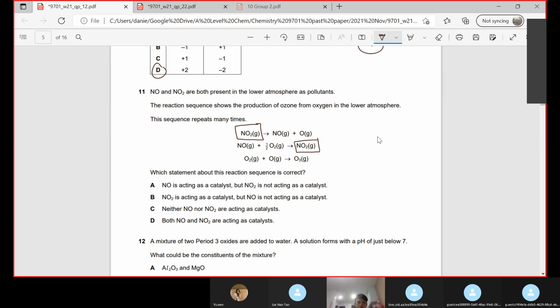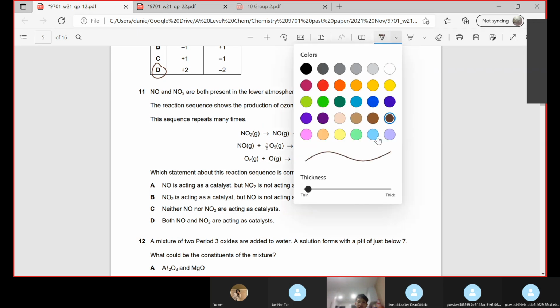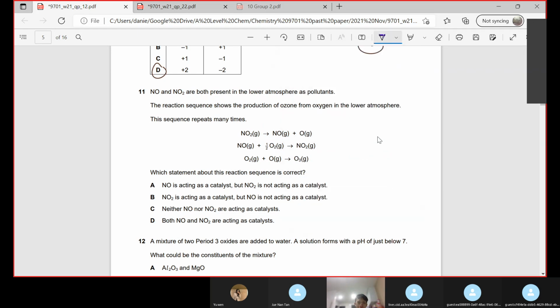If you look at it this way, like step 1, then step 2, is it possible for the NO to react with the oxygen gas first, then become NO2, then NO2 becomes NO plus O? Meaning this is step 1 and this is step 2. Is it possible? Actually it is possible as well.